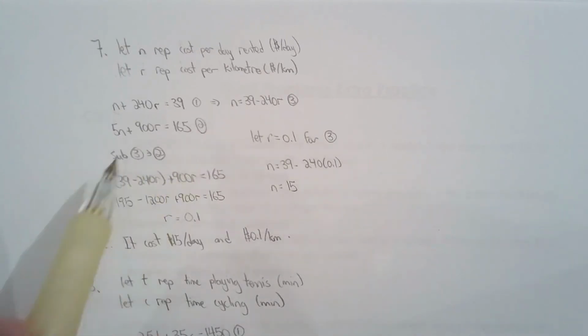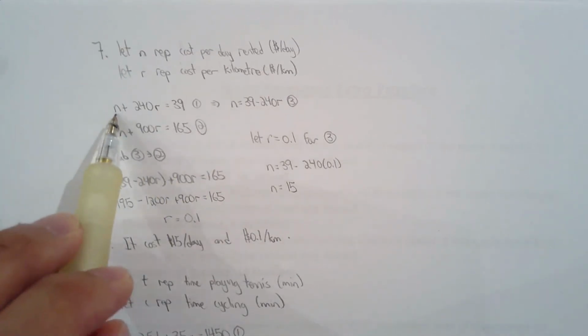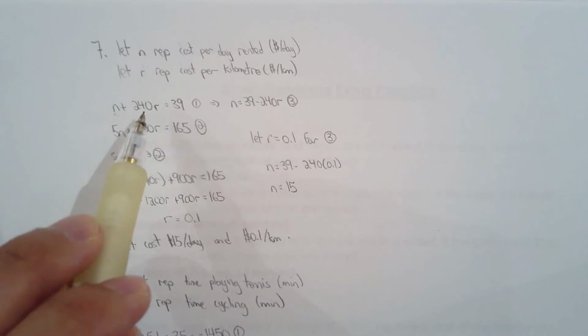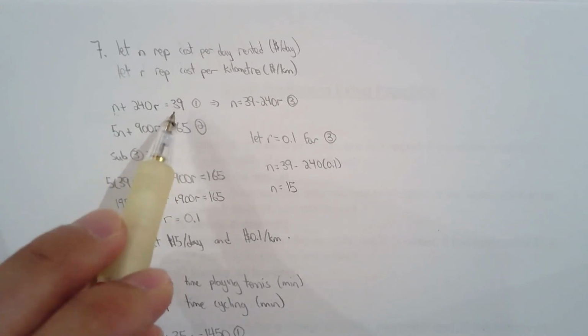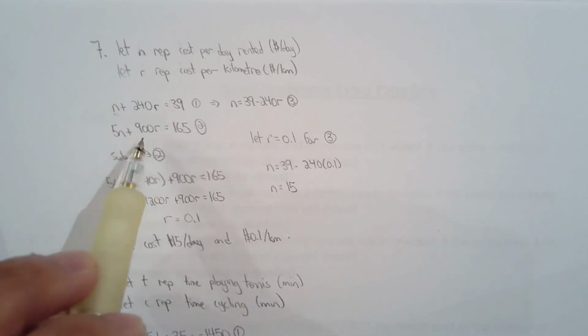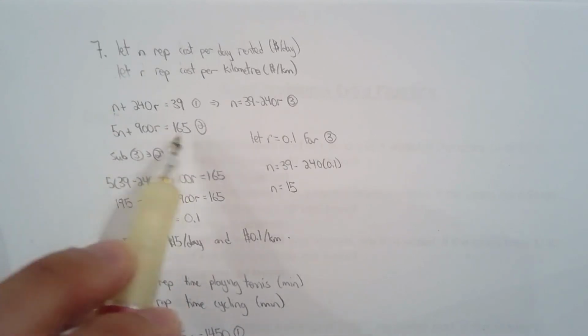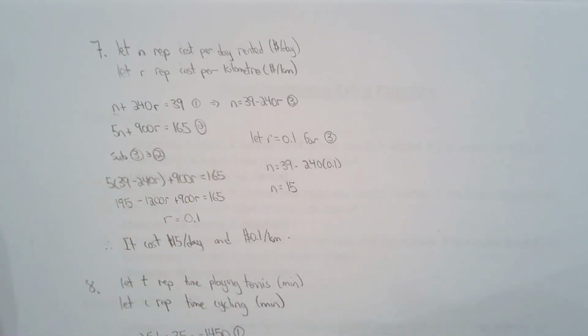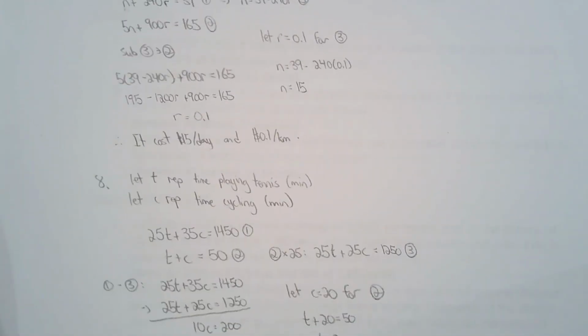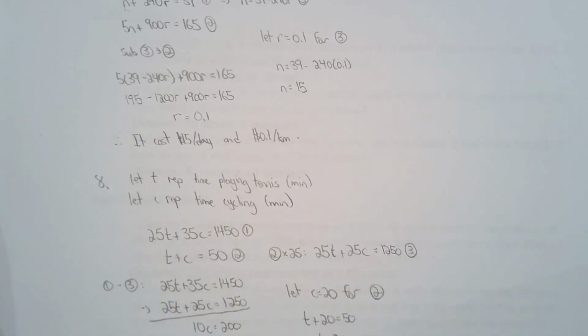To solve the system, so if you rent for 1 day and you drive 240 kilometers, you get charged $39. If you rent for 5 days and travel 900 kilometers, you get charged $165. Anyways, you end up seeing that it's $15 per day and 10 cents a kilometer.